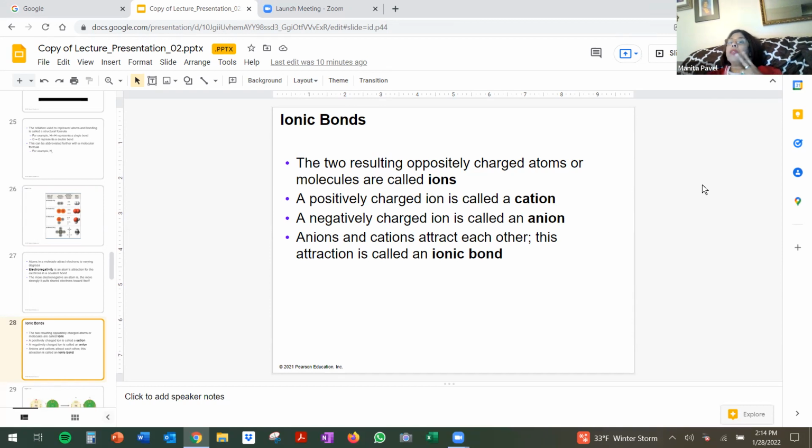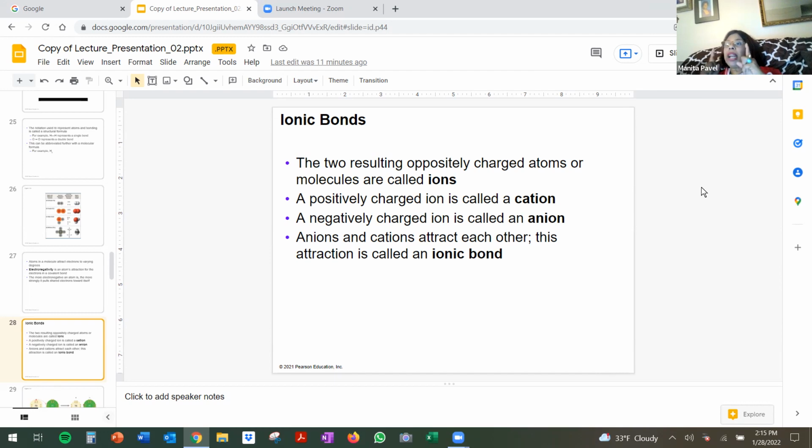One, because the outermost orbital has more electrons than the capacity it can hold. So if the valence orbital has 9 electrons, the second orbital can only hold a maximum of 8. What do I need to do to become stable? I need to donate my electron, give away my electron.